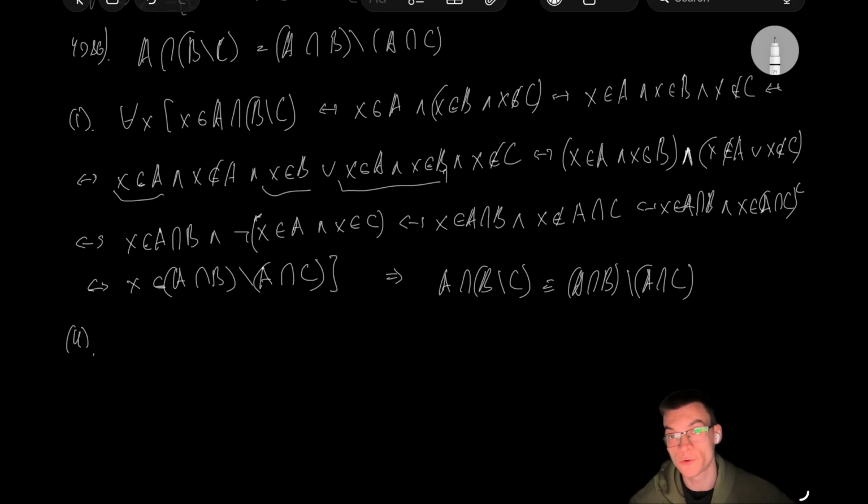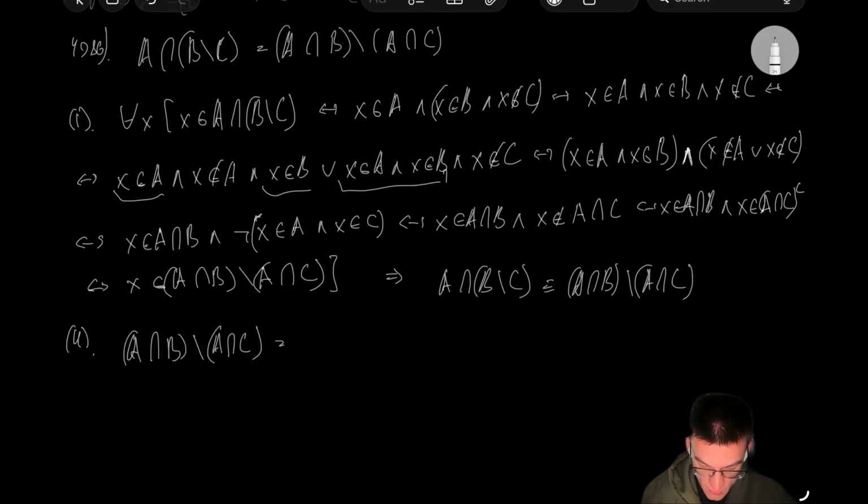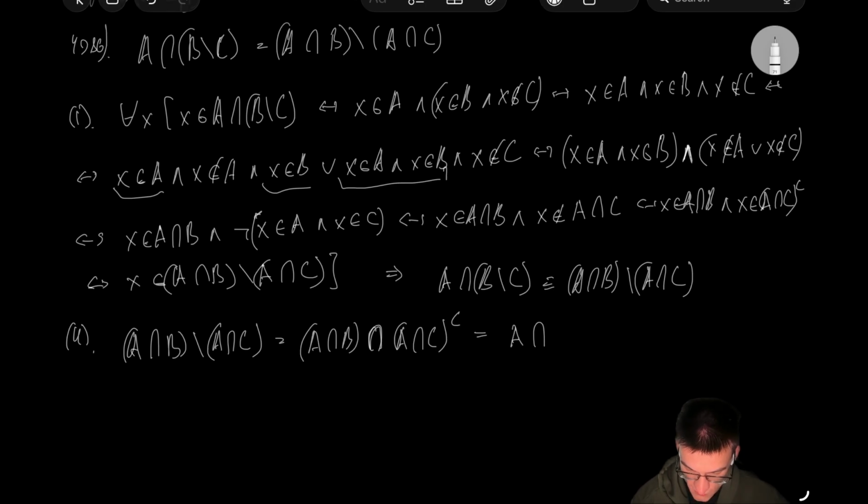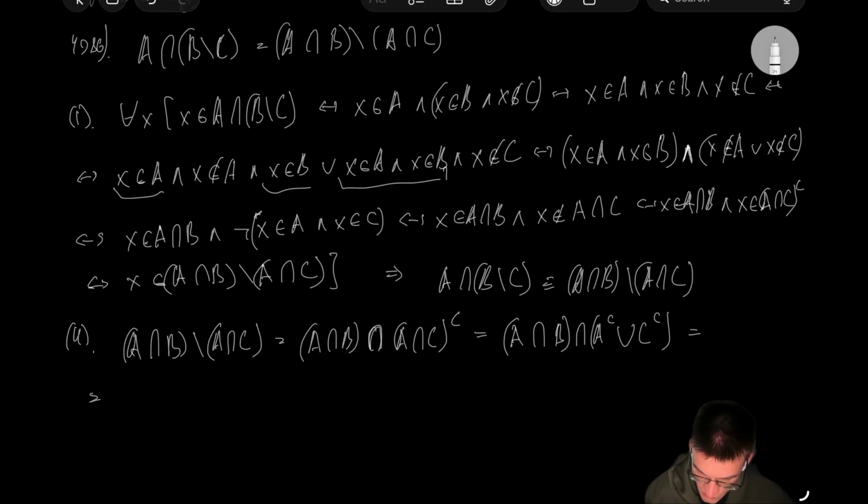And there is another way to prove that. We can resolve the right side of the equation, which is (A intersection B) minus (A intersection C), using the set-theoretic approach. It is the same as A intersection B intersection the complement of A intersection C, which is A intersection B intersection (A complement union C complement), which is the same as (A intersection B intersection A complement) union (A intersection B intersection C complement).